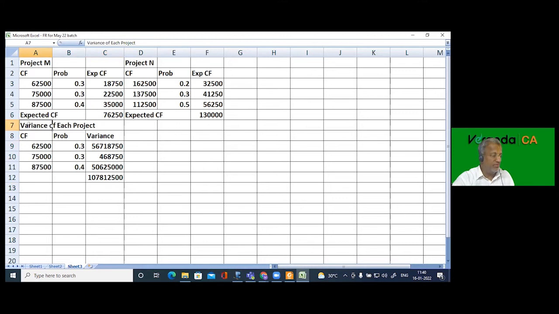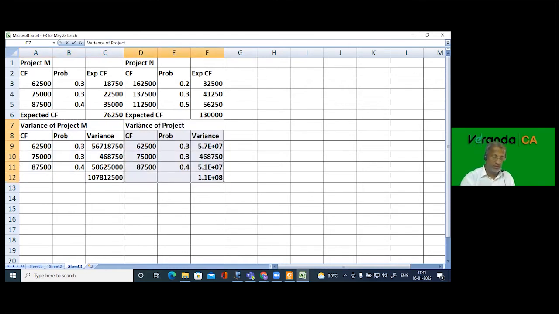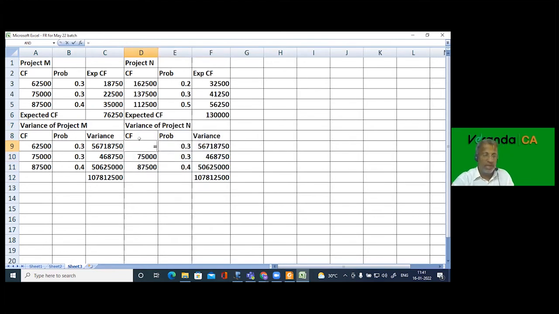So variance of project M is like this. Now let us take up variance of project N, which is nothing but how this variance is to be computed: probability into 162,500 minus 1,30,000 to the power 2.